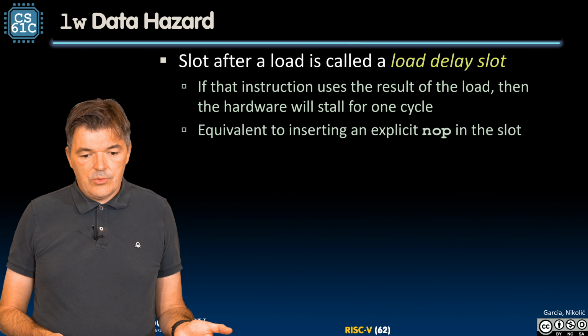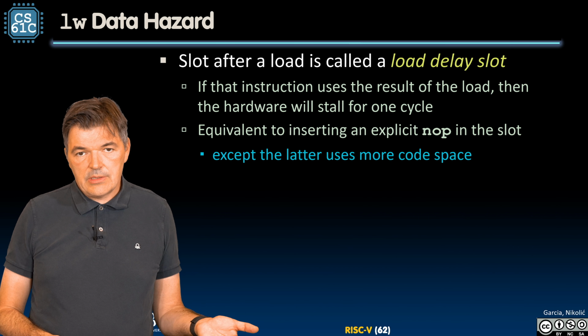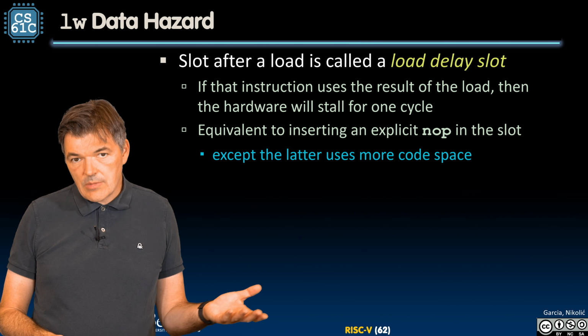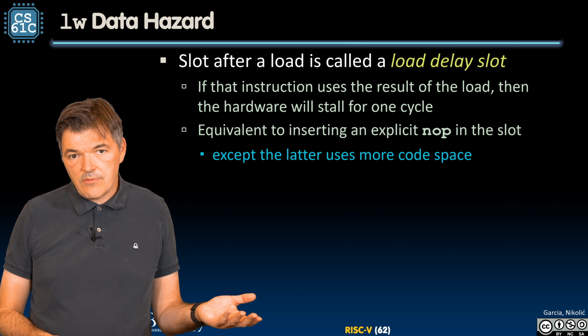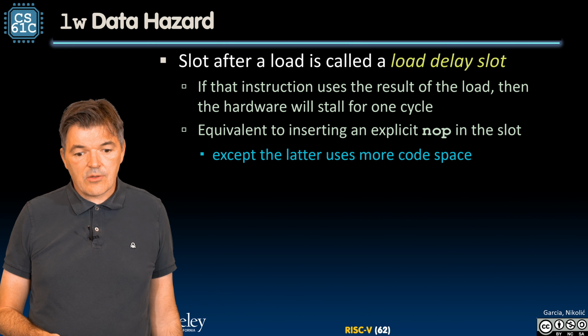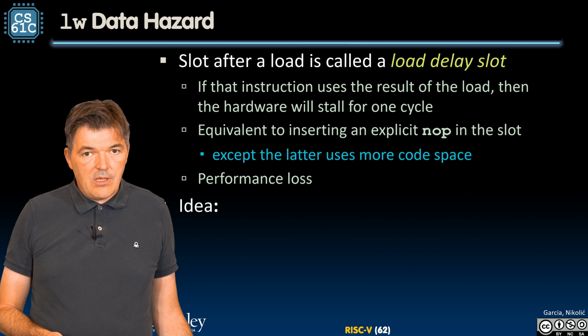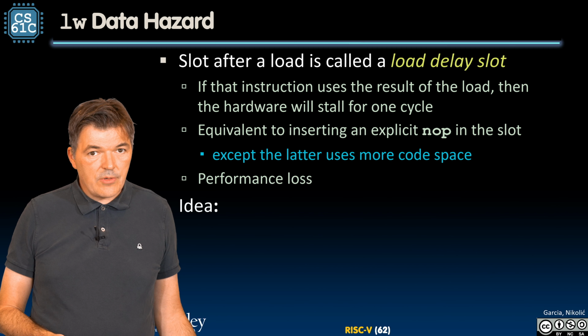So what do we do with that? Well, that's like inserting a NOP in the slot, but NOPs can be inserted during the compilation phase and result in code bloat and performance loss. So the key idea here is something that we mentioned before.